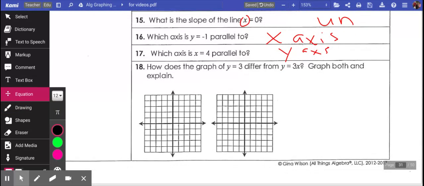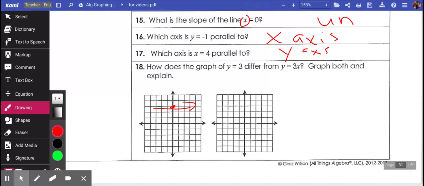Okay. So then it says, how does the graph of y equals 3 differ from y equals 3x? And graph them both. So you go ahead and pause it and graph them. Y equals 3 is going to be right here.